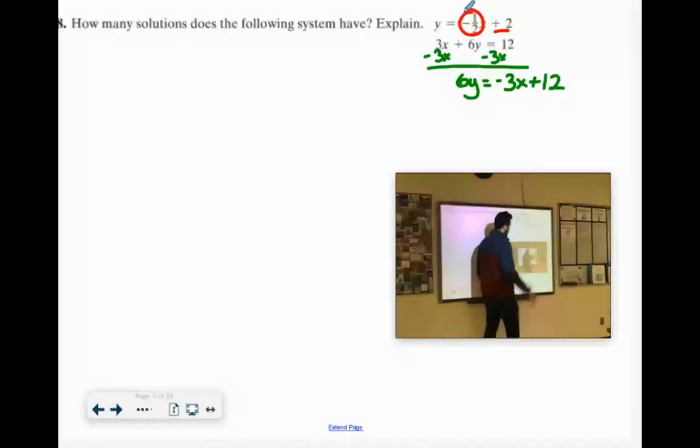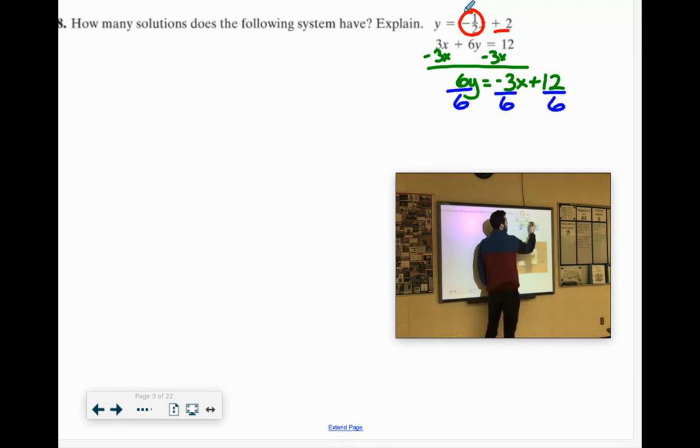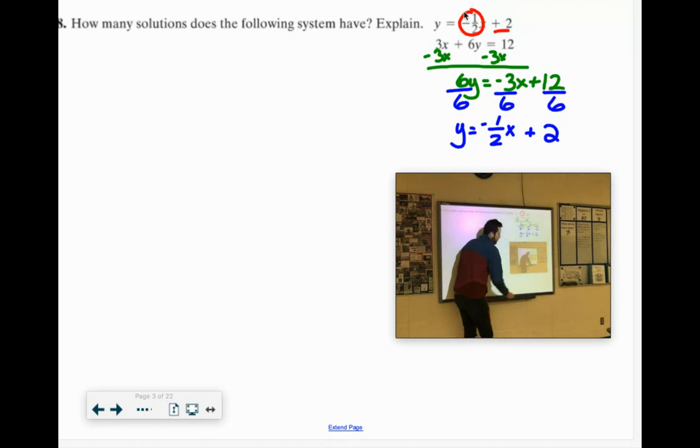And then you're like, oh, obviously, Mr. Plant, divided by 6. Now, negative 3/6 would reduce to negative 1/2, which means they have the same slope, because that was the slope of the first one. And then 12 divided by 6 is 2. So they came out to the exact same equation.